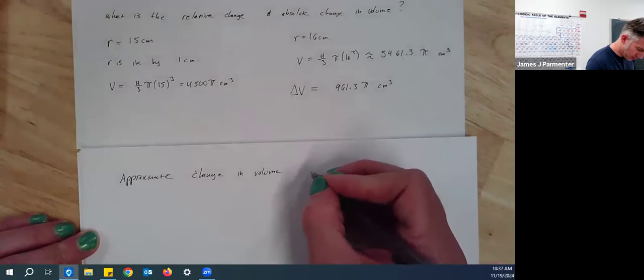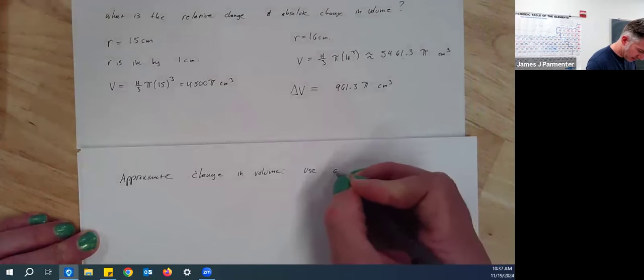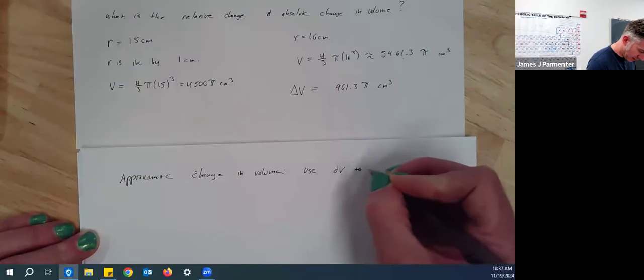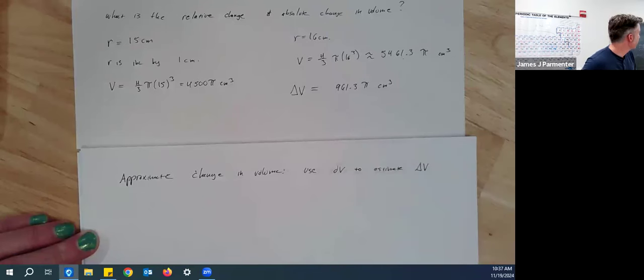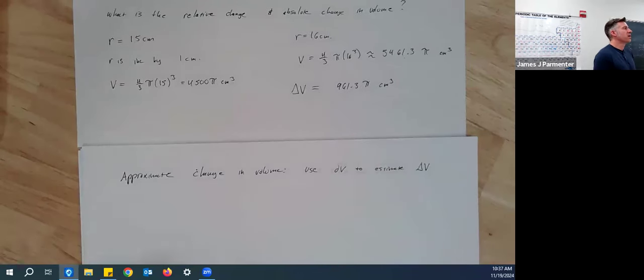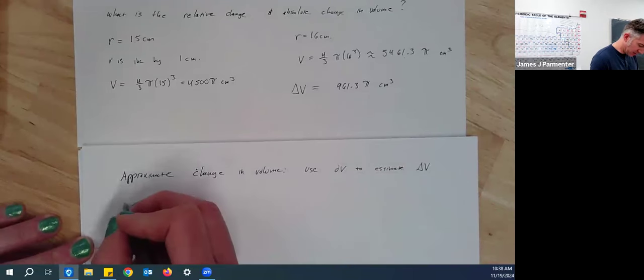So we're going to use dV to estimate delta V. Here's what I should really be saying. We've done this already, the words I'm saying just don't necessarily show that. Let's bring it back to the linearization for a second.